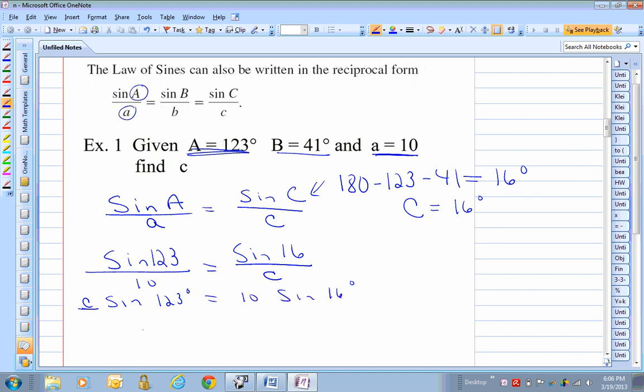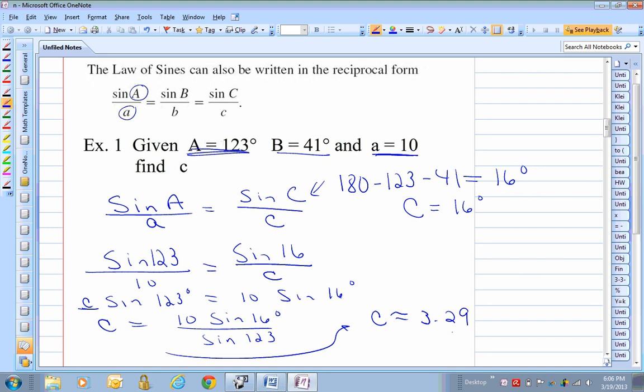To solve for c, we would divide, so side c equals 10 times sine 16 degrees divided by sine of 123 degrees. If we put that in our calculator, we get that side c is approximately 3.29. We don't have a unit of measure here, so we don't really know what that is.